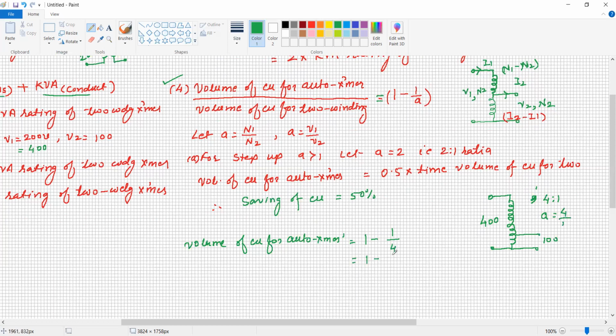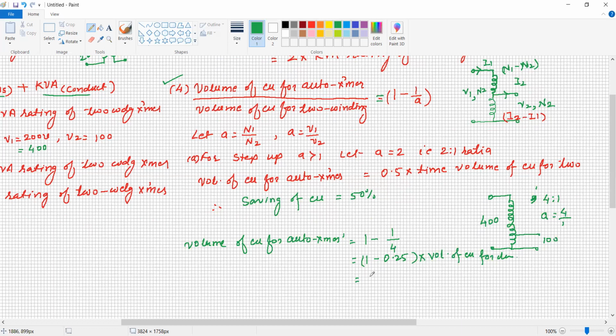So 1 minus 1 upon 4, it is 0.25, multiplied by volume of copper for two winding, isn't it?